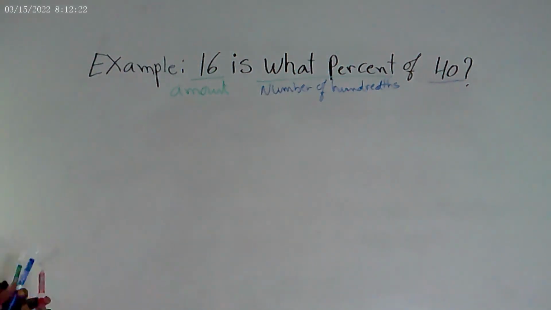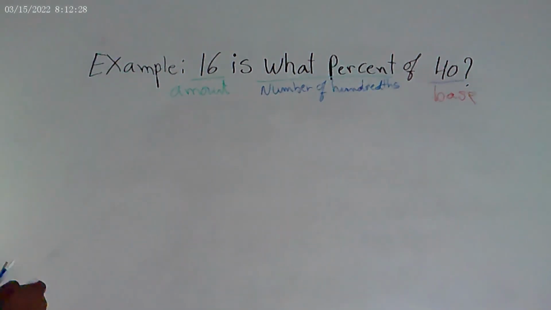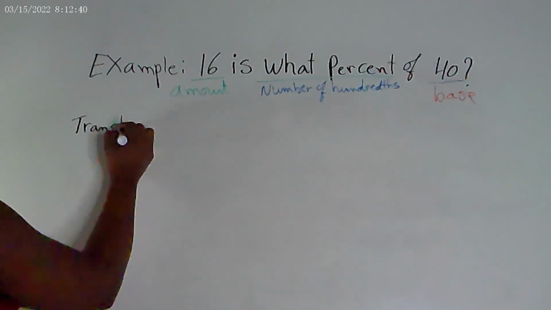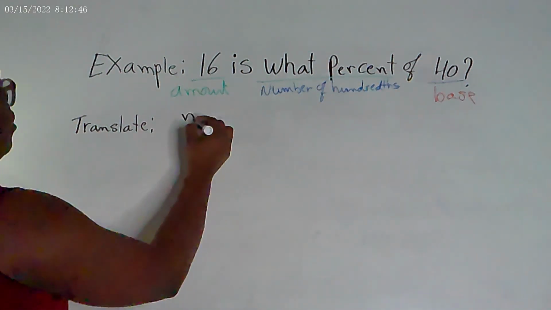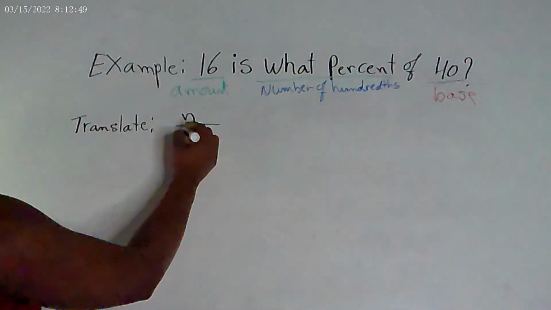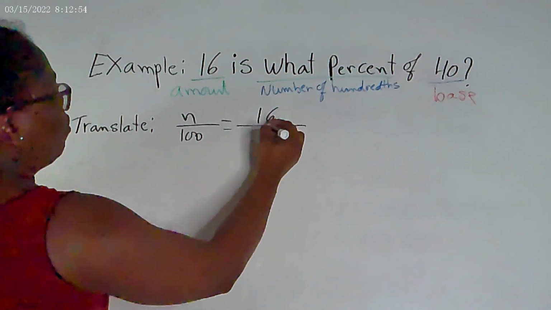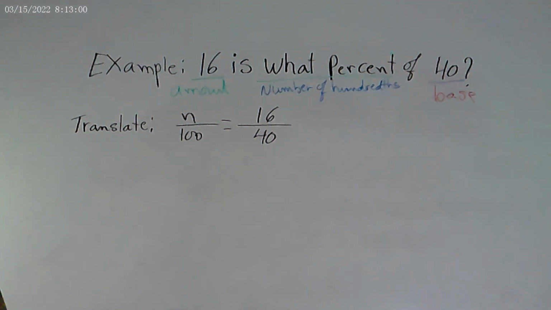Let's use another color, the red one. It's the base. So right now we're going to translate. We're going to have n over 100 equal to 16 over 40. So now we are going to do cross products.